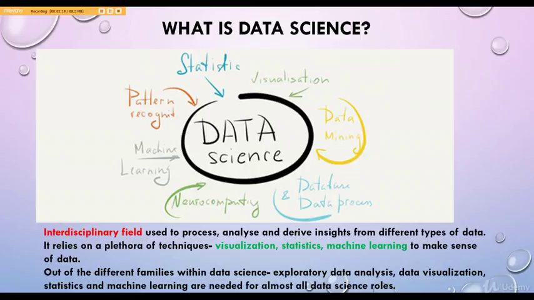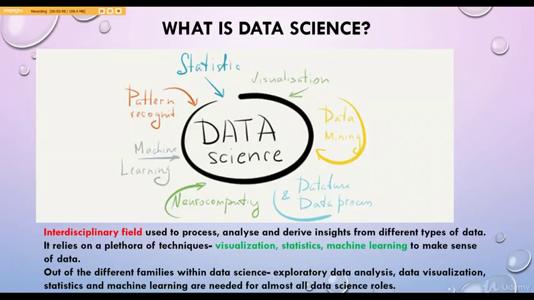So if you want to work as a professional data scientist in any capacity, you may or may not know about databases or about pattern recognition, but you are almost always expected to know about visualization, statistics and machine learning. And to be very fair, things like exploratory data analyses, visualization, statistics, machine learning, they really overlap with each other and they really feed into each other.